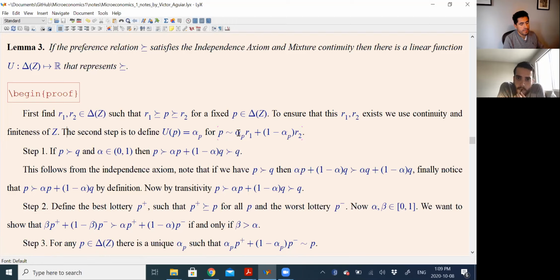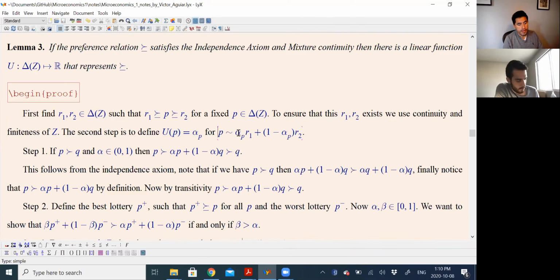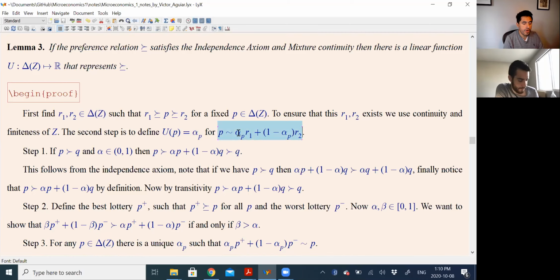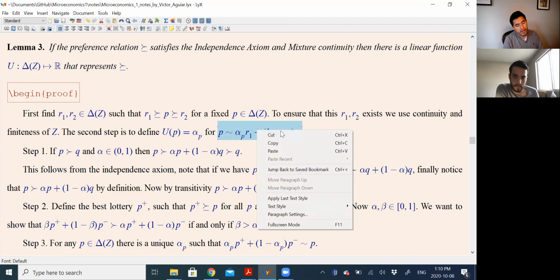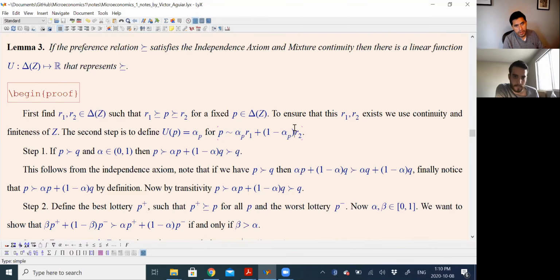So the second step is to define a candidate utility function, okay? The candidate utility function is going to be defined so that P, according to the preference relation, is indifferent to the mixture or compound lottery with mixture parameter alpha P, from R1 and R2. So notice what the trick is here, right?